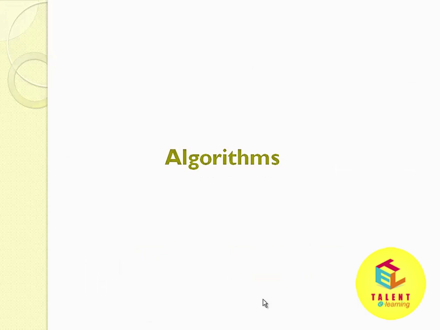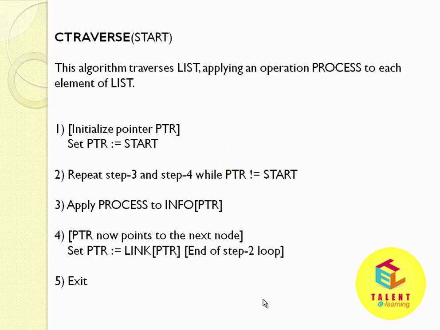Now we will talk about the algorithms on circular linked lists. The first one, that is C-traverse with a parameter start. This algorithm traverses the list applying an operation process to each element of the list. Start is the address of the first node of the circular linked list.